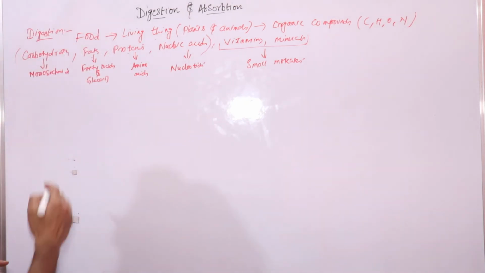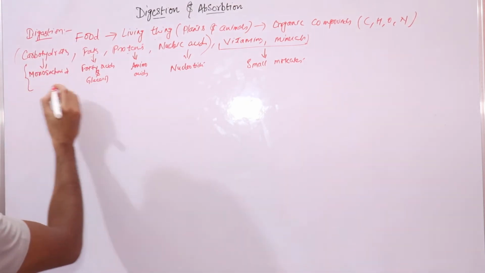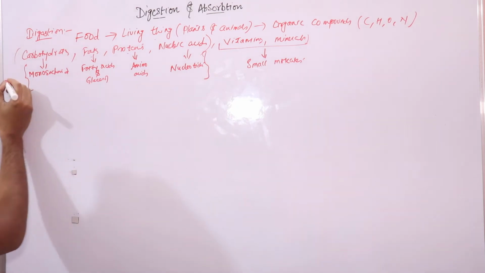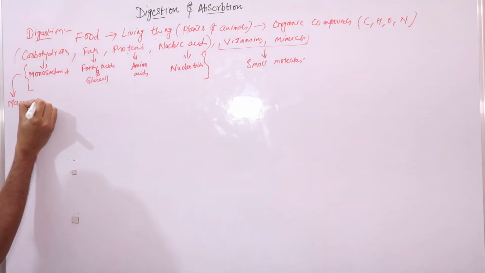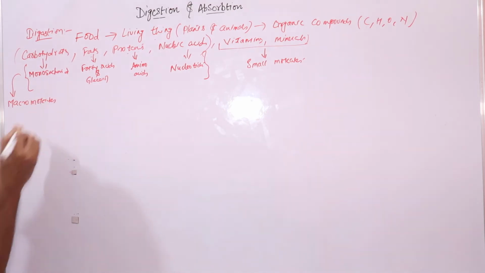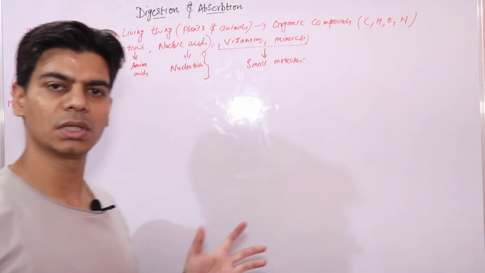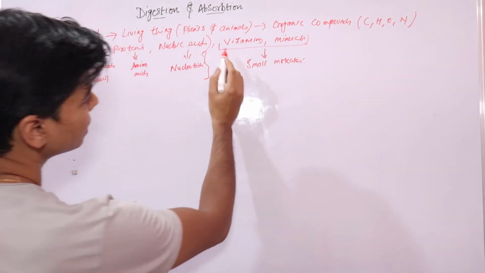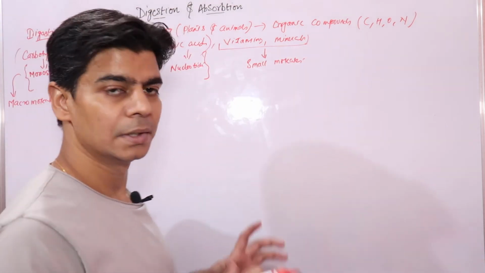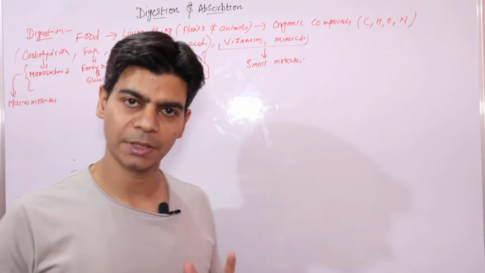Nucleic acids, all these come under macromolecules. We call these macromolecules, means bigger molecules. We also call them biomacromolecules, right? And vitamins and minerals in our diet consist of small molecules, right?